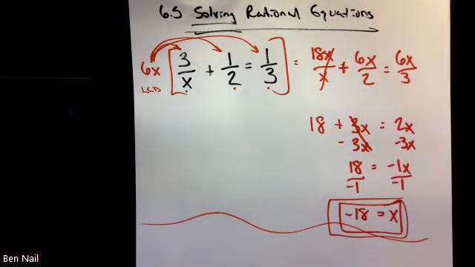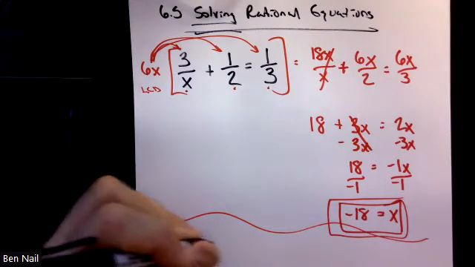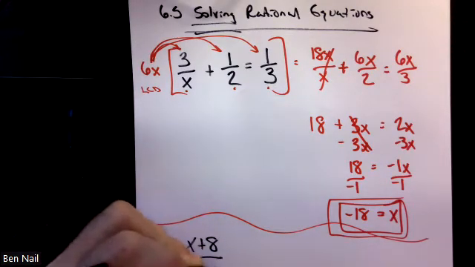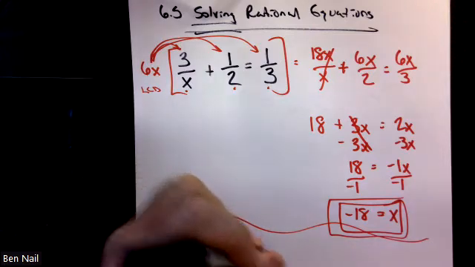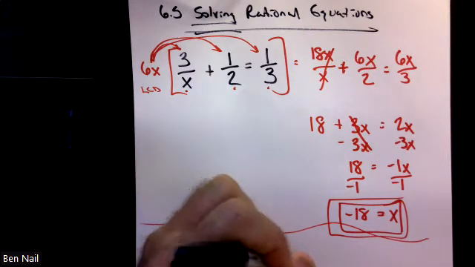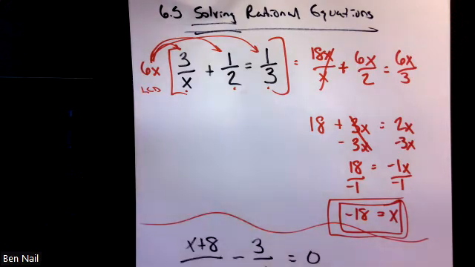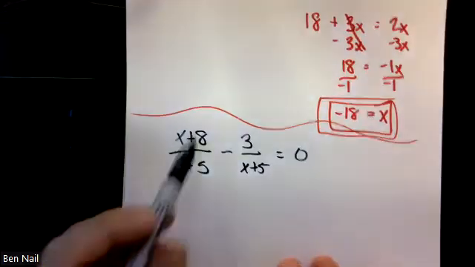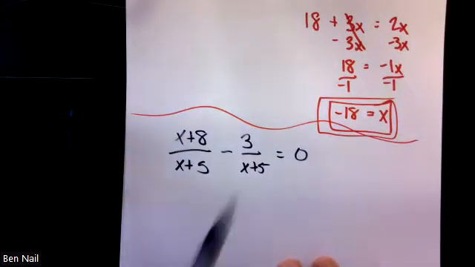We do a similar problem. x plus 8 over x plus 5 minus 3 over x plus 5 equals 0.